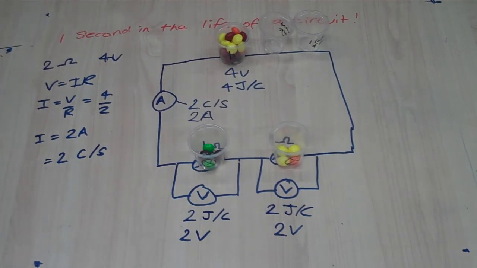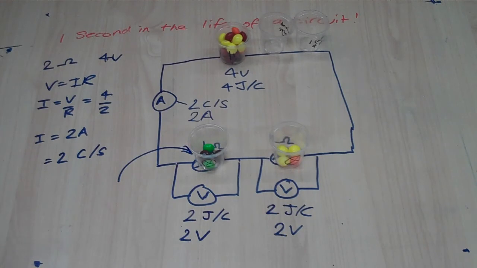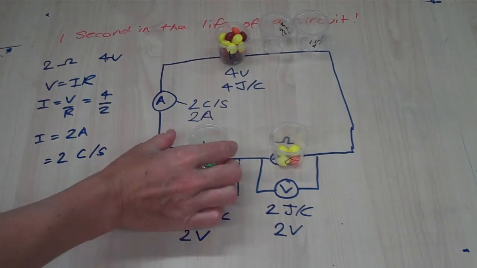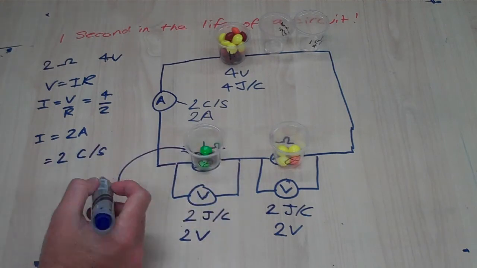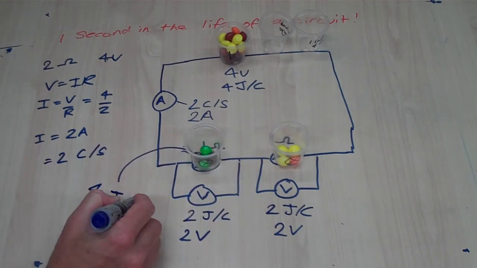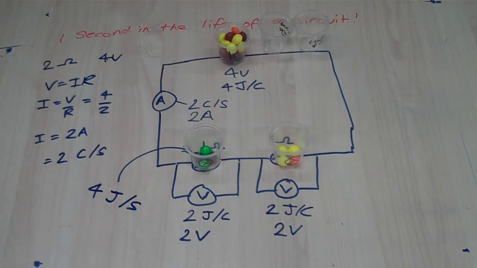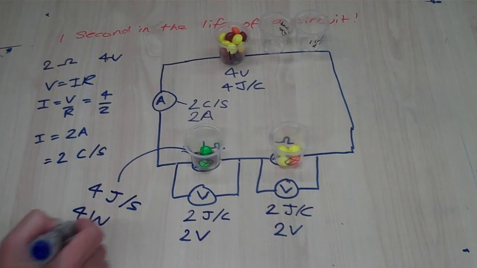One other thing that we can look at is in that 1 second, how much energy was transferred to each lamp. So if we check inside our lamp, 4 skittles, so that meant 4 joules of energy per second were being transferred to that lamp. That's 4 watts.